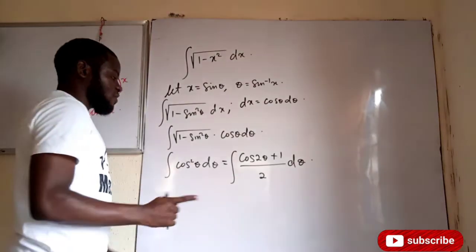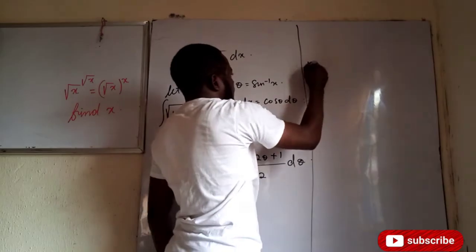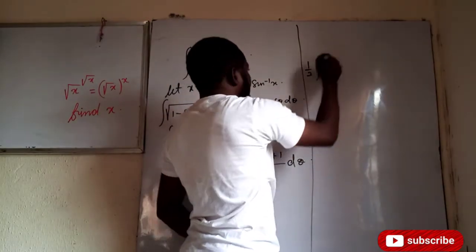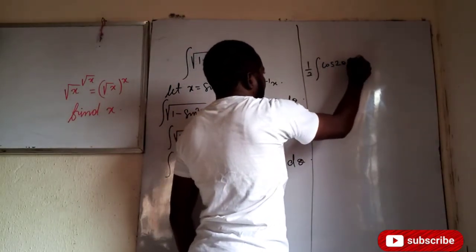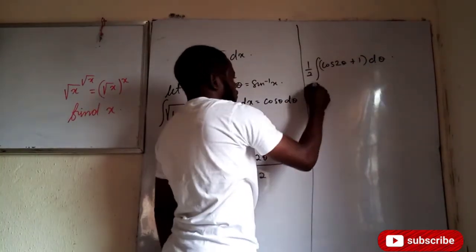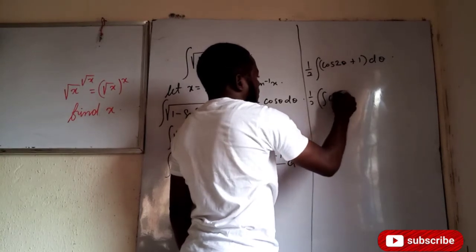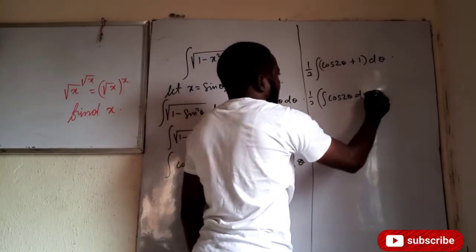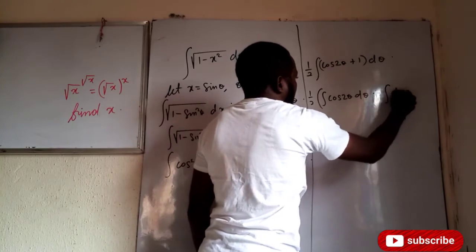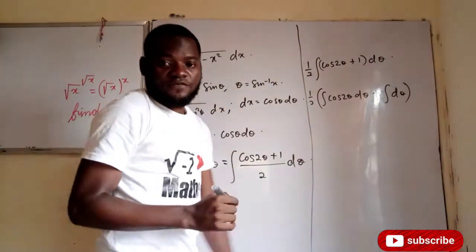Now 1 over 2 is a constant. Let's take it out of the integral. So I have 1 over 2 integral of cos 2 theta plus 1 d theta. This is the same thing as saying 1 over 2 times the integral of cos 2 theta d theta plus the integral of d theta. The 1 over 2 will affect everything in the bracket.